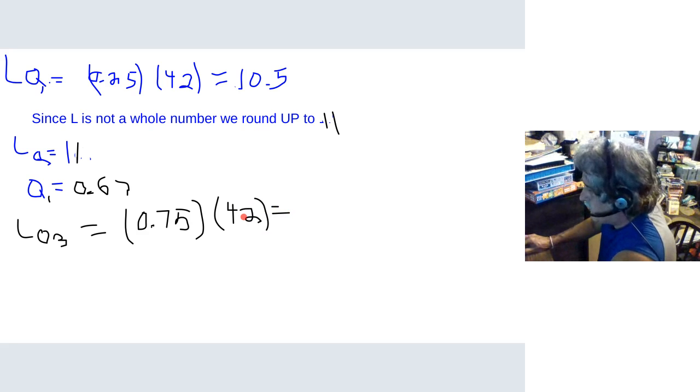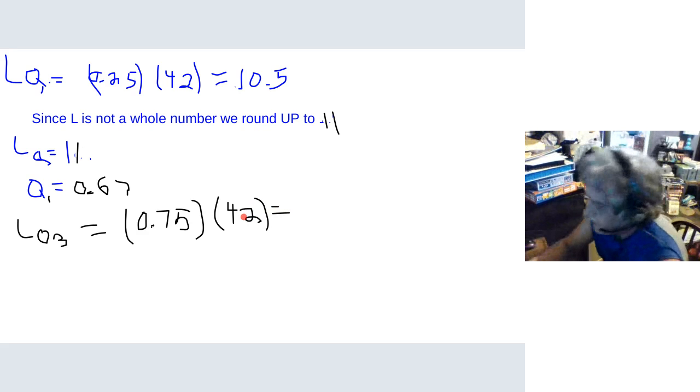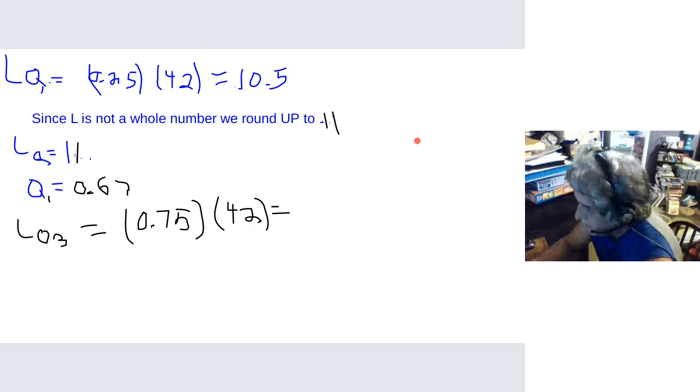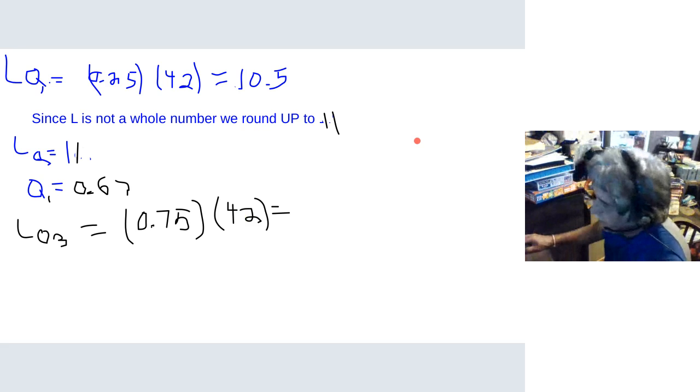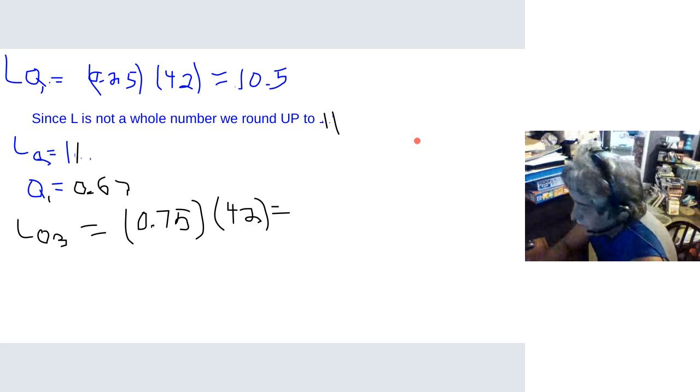All right, so what position is that? And remember, when we calculate this, this is not the Q3. In the same way, when we find the position of the median, you have to go and find it. What you calculate is the position. So 31.5.